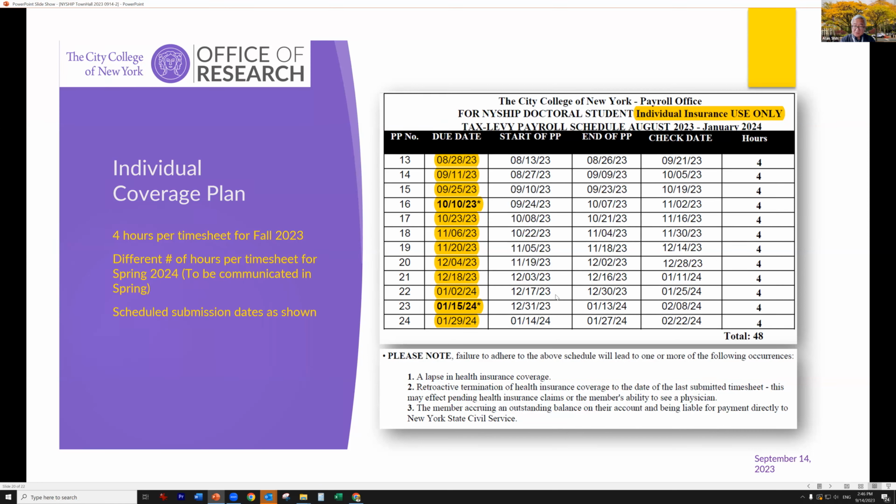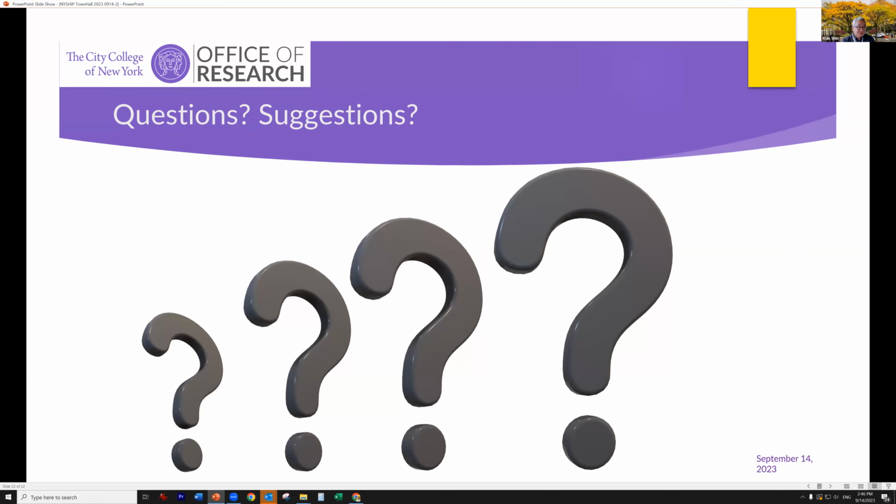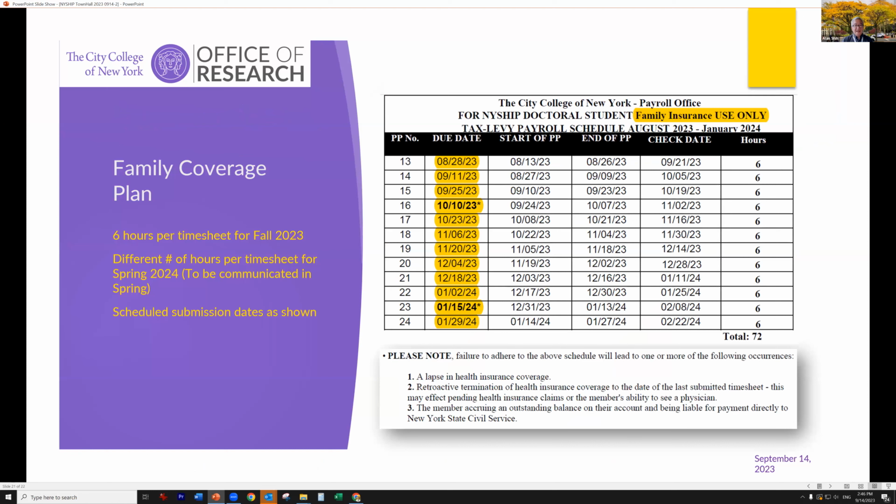So 4 hours for the individual plan, 6 hours for the family plan, and it is 4 hours throughout, 6 hours throughout this semester. The due date is all the same. Make sure that you work with the student to submit the timesheet properly. So that's all that I have.